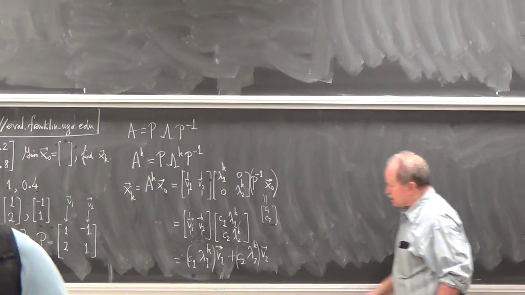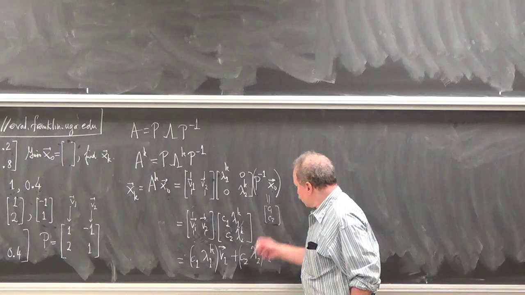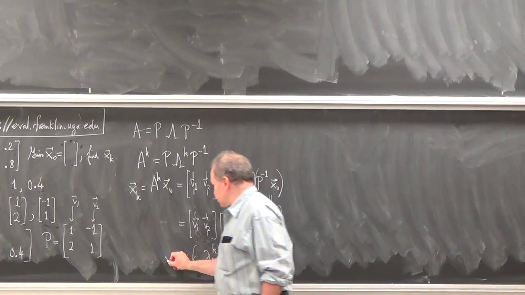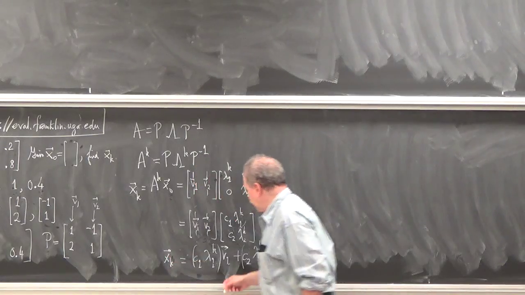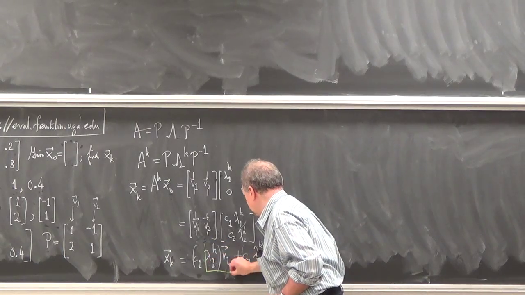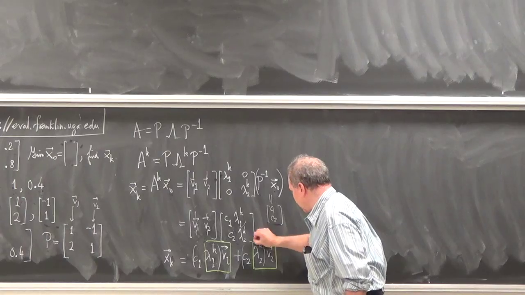So what this is saying is that basically, up to knowing the initial condition, which tells you these constants, your solution is a combination of these fundamental building blocks here. Lambda to the k times eigenvector. Lambda to the k times eigenvector.